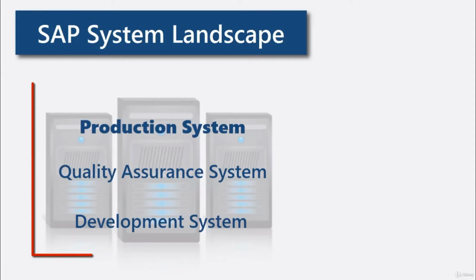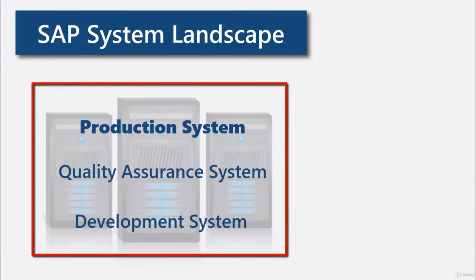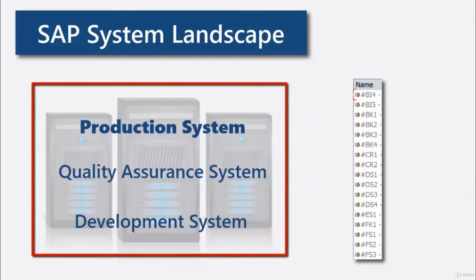An SAP System Landscape usually consists of these three separate SAP systems, and each of them may contain one or more clients. Each system has a key and a description, as you can see here in the SAP Logon, where all available systems are listed. Sometimes you can deduce from the first letter of the key what the system is used for. But these abbreviations are by no means obligatory.